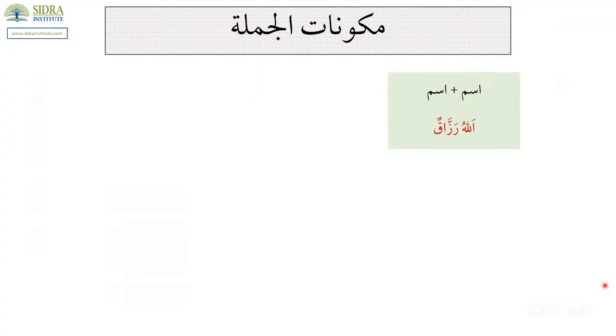So we can have two nouns only in a sentence, and that sentence will be deemed complete. So Allahu Razzaqun. Allah is the provider of sustenance. So Allahu is a noun. Razzaqun is also a noun that's signified by the tanween. So two nouns can make a complete sentence.